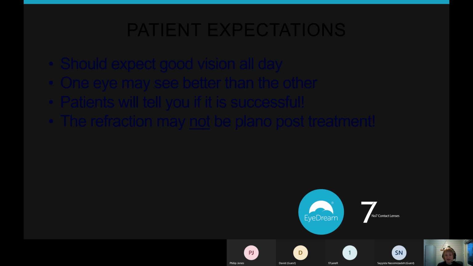And if you think about it back then, a lot of the people doing refractive surgery were experienced corneal surgeons, but they were used to doing corneal grafts on patients with very, very poor vision. And so if they did a corneal graft on a patient who had keratoconus, who had exhausted all the contact lens options, and they got that patient to see 6/12 unaided, then everybody was delighted, surgeon and patient.